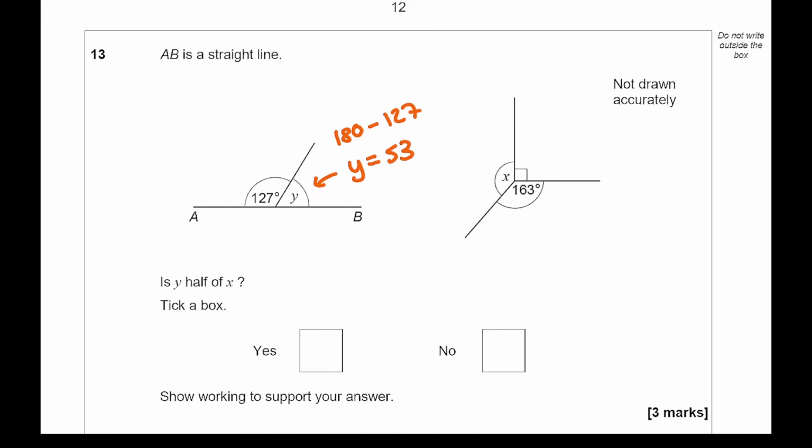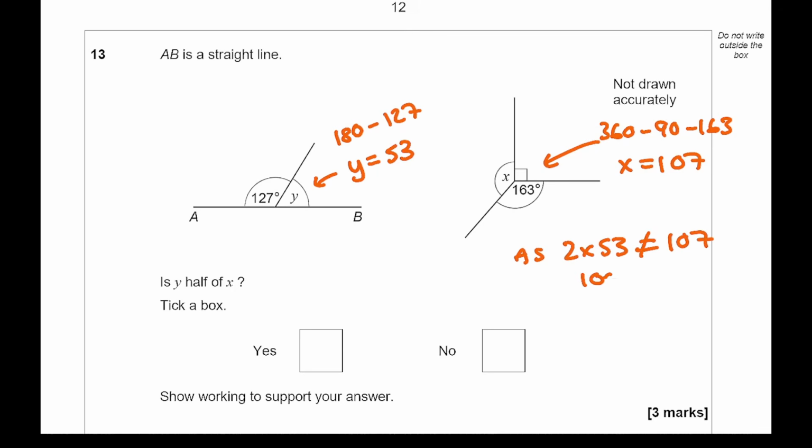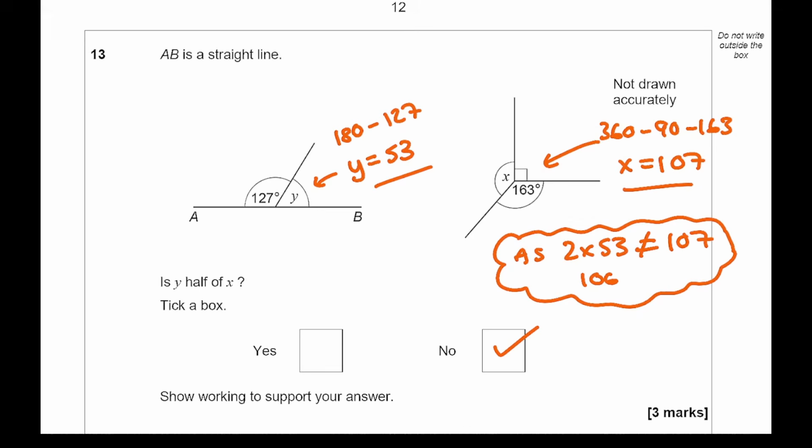Angles around a point add up to 360, so 360 minus 90 minus 163 gives me an x value of 107. So as 2 times 53 does not equal 107, it actually equals 106, the answer would be no, and this is my supporting answer, along with working out what x and y are.